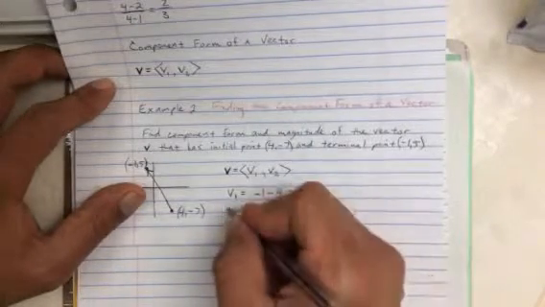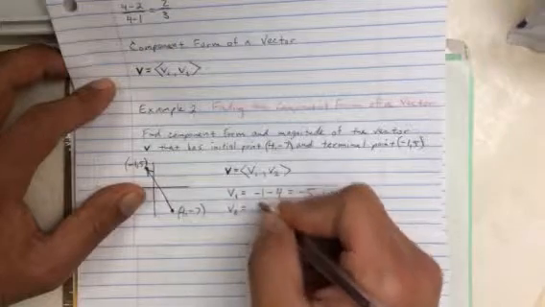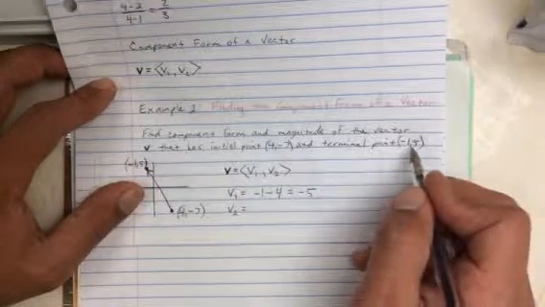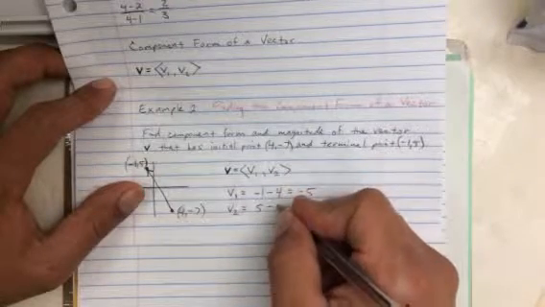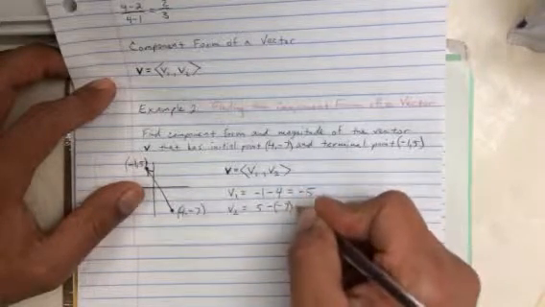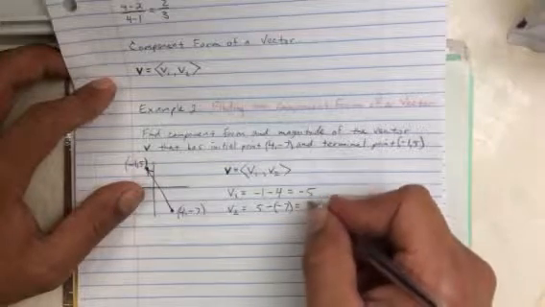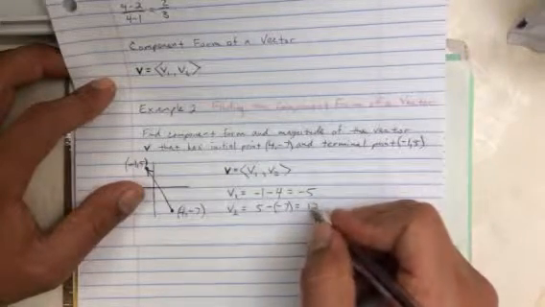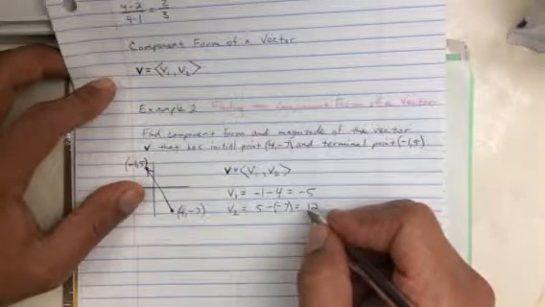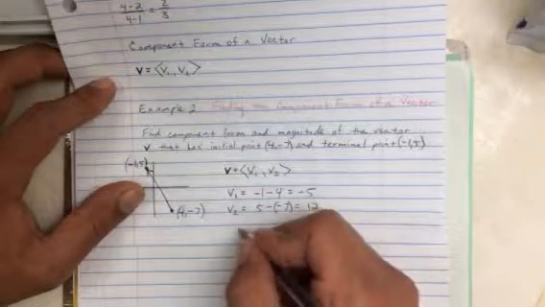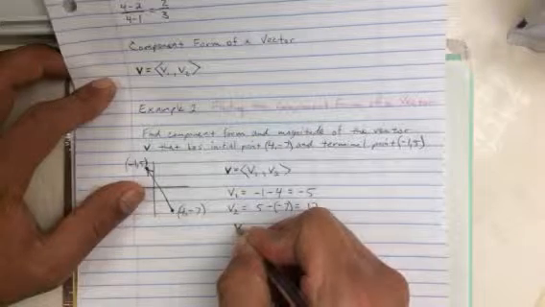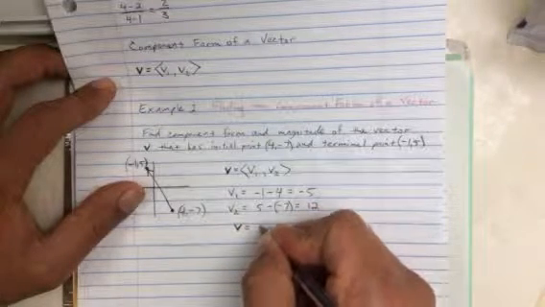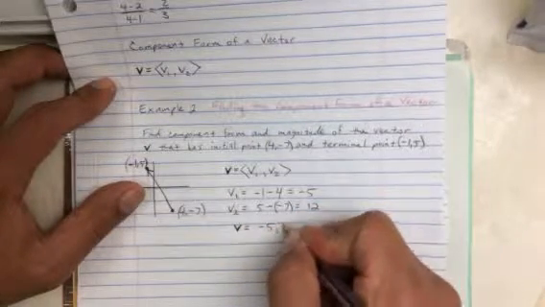All right, for v2 we need to look at the y value, so we need to do the second y value from the terminal point minus the first y value, so 5 minus -7, and that's going to give us 12. Okay, and now our component form is going to be v equals -5 comma 12.